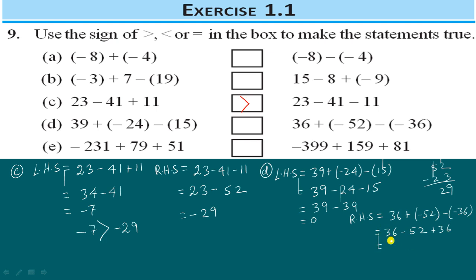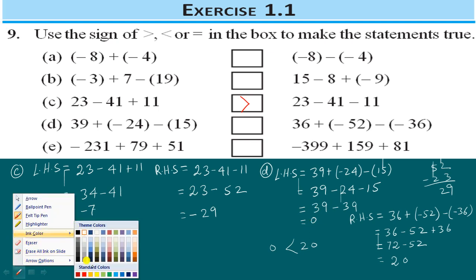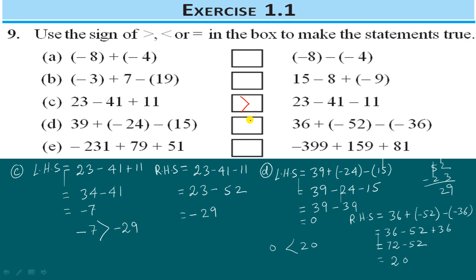And if we add 36 plus 36, we are getting 72 minus 52. Then we are getting 20. Now here you see that 0 is less than 20. Therefore, left hand side is less than right hand side.